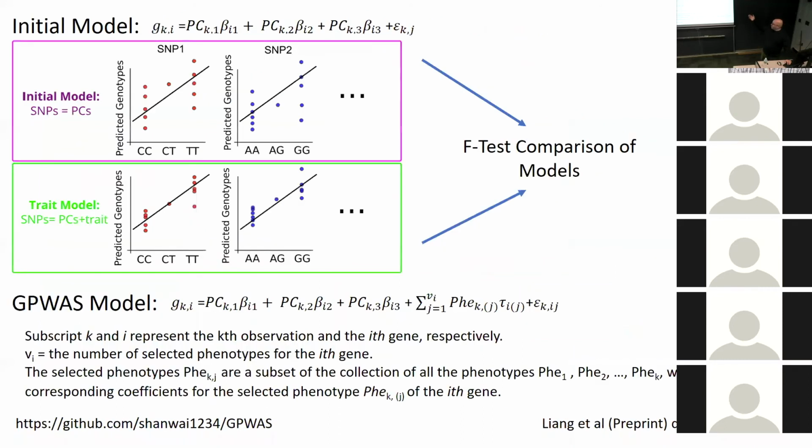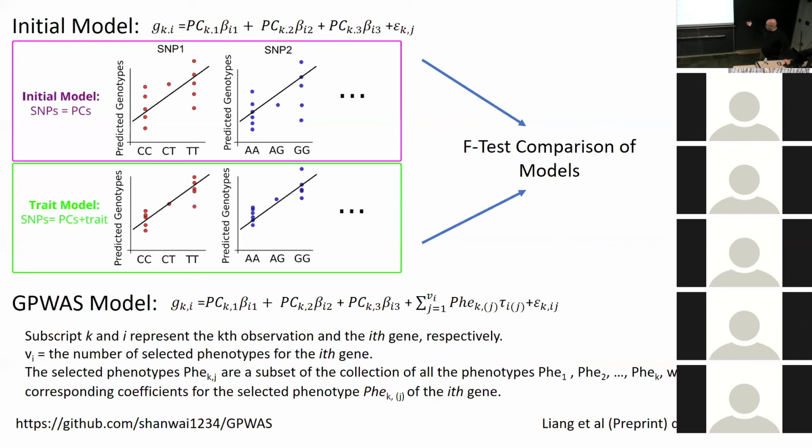Do a comparison between our initial model, which is attempting to explain the variation for all the SNPs within that gene that we've kept after filtering, using both principal components of population structure variation, as well as a selected subset of the traits from the whole 260 set.